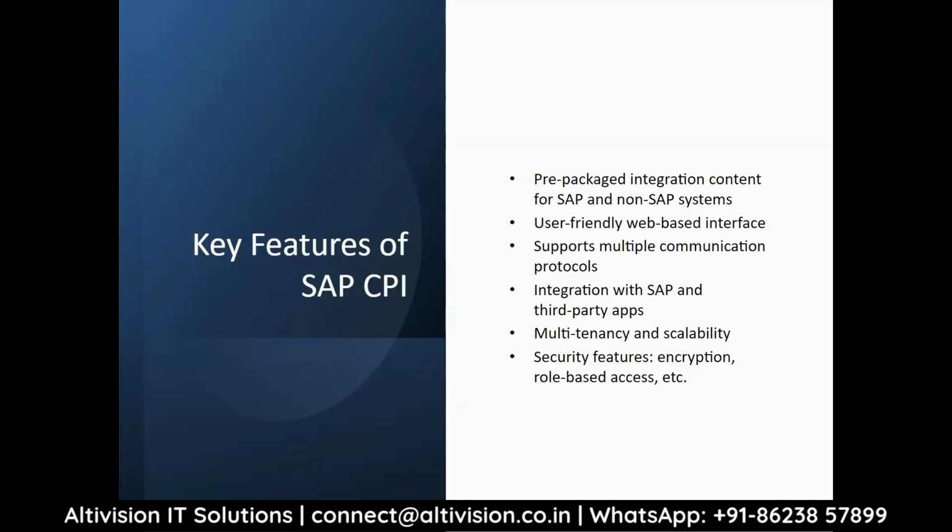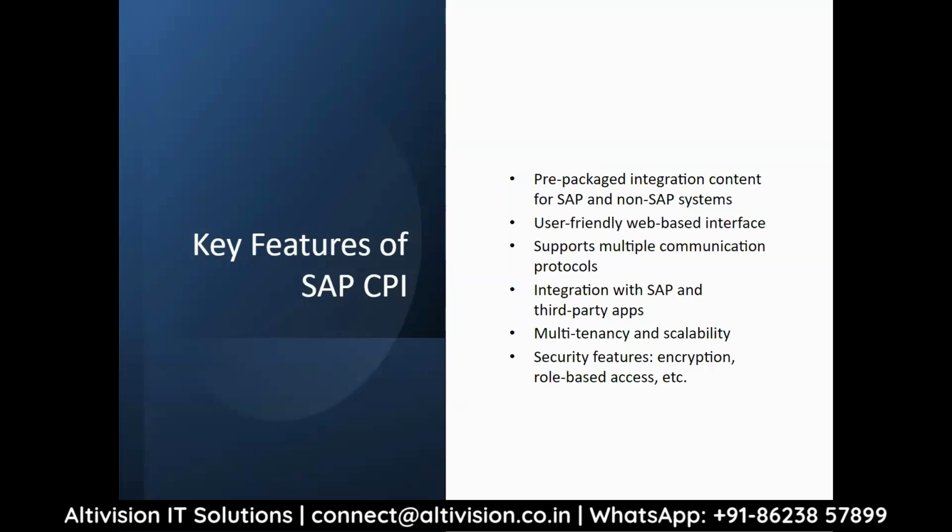Once you are clearly satisfied that this format data is working properly in your development tenant, you transport that integration flow from the development tenant to the quality tenant. We have multiple options to directly import and export that iFlow from dev to quality.